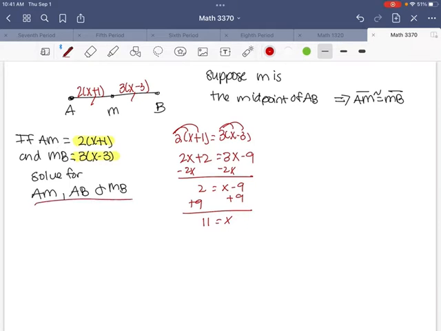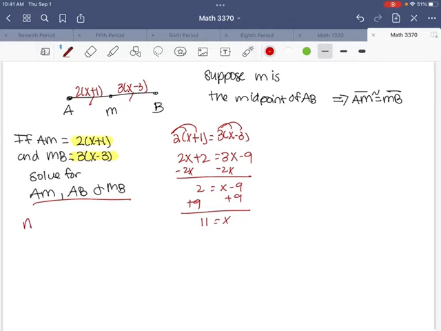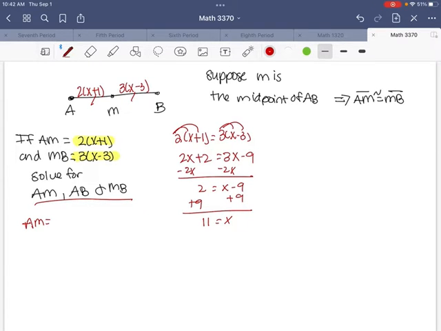Now that's not what they want. They want us to actually solve for these, so we need to plug them back in. So if AM is equal to 2x plus 1, and now we know that x is 11, all we have to do is replace it and solve. Now if you want to plug it in for MB, you can, but since we know that M is the midpoint, MB should also be 24.